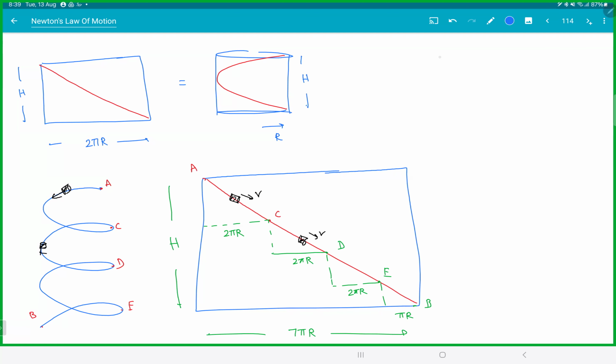So the motion of the bead on a helix is similar to the motion on an incline.